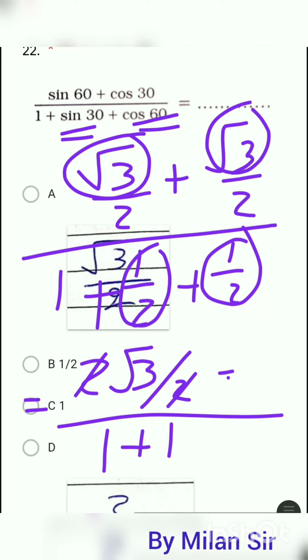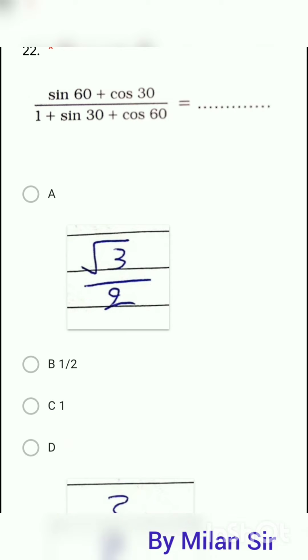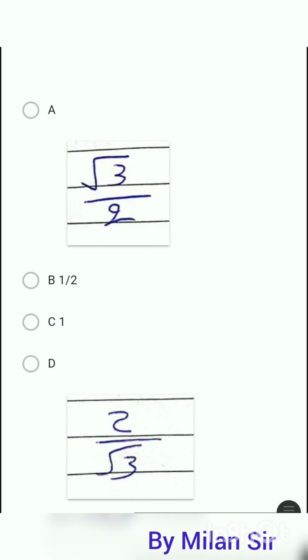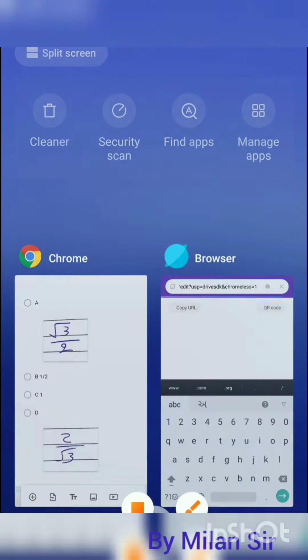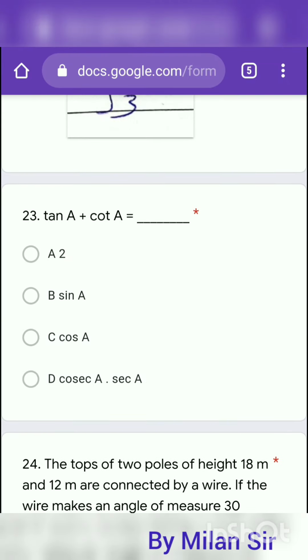So in the numerator we have under root 3, and in the denominator 1 plus 1, 2. So under root 3 by 2 is the final answer. So option A is the correct answer. After that, next question 23.